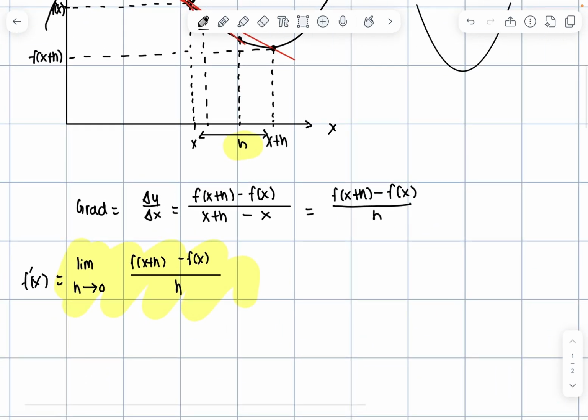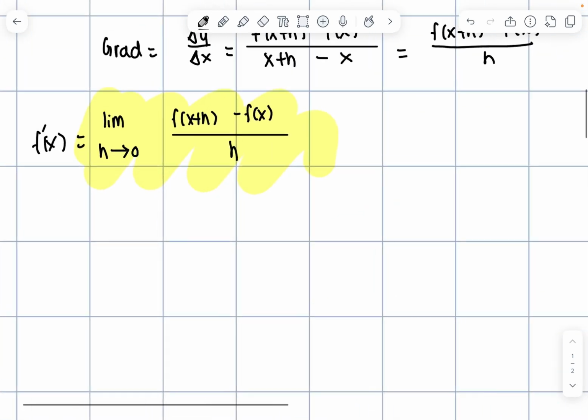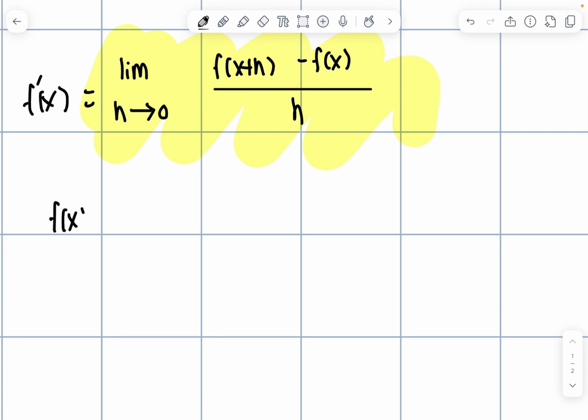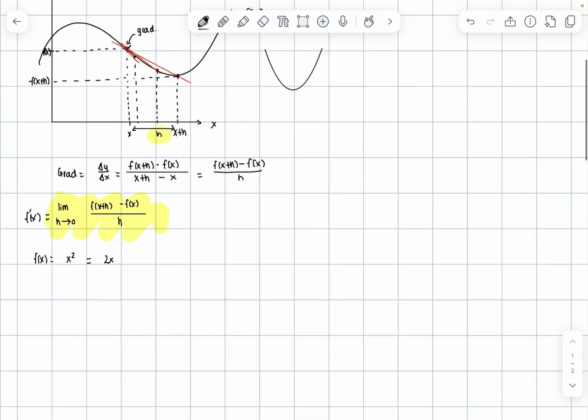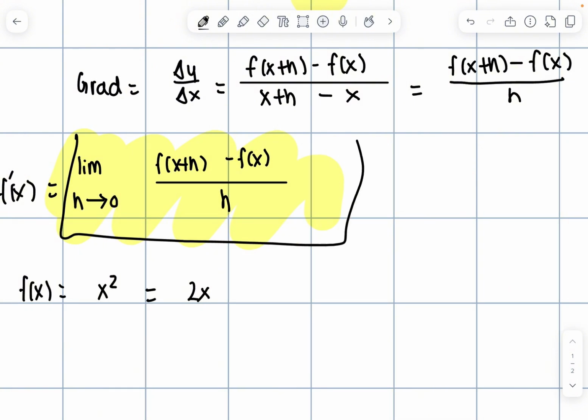And whenever you find the derivative of f of x equals x squared, you know to just bring the 2 down and subtract 1 from the power, which gets you 2x. What you're actually doing is this just really shortened, because you can plug your x squared into this here, and then evaluate what happens as h approaches 0.